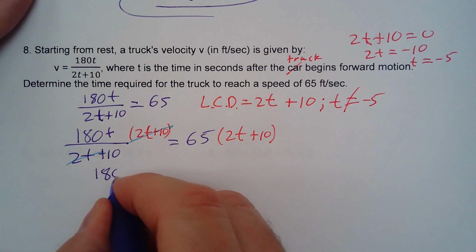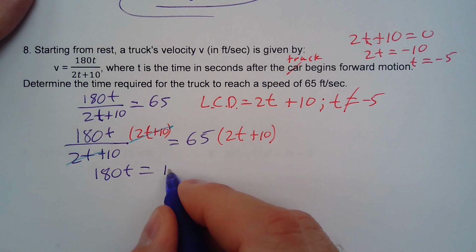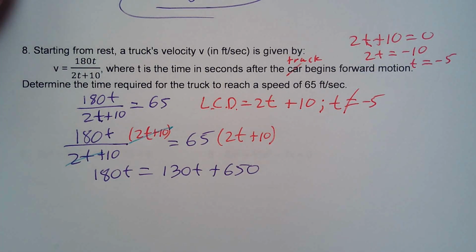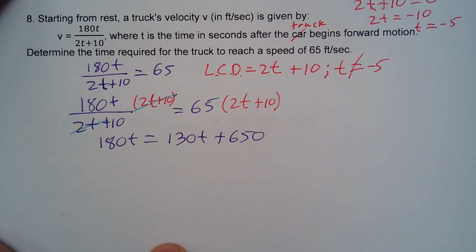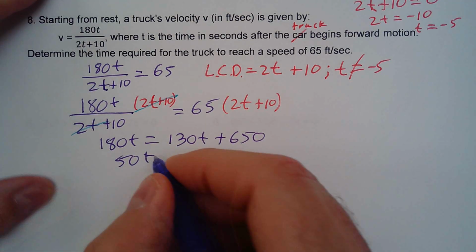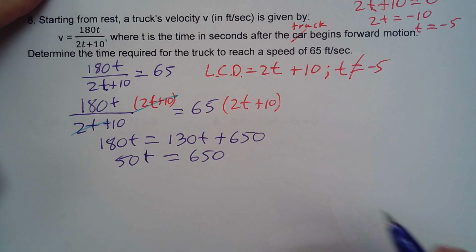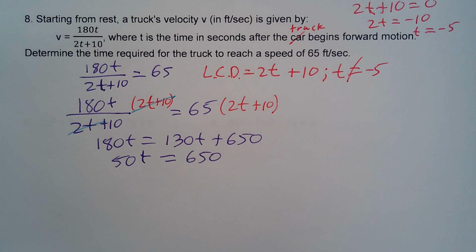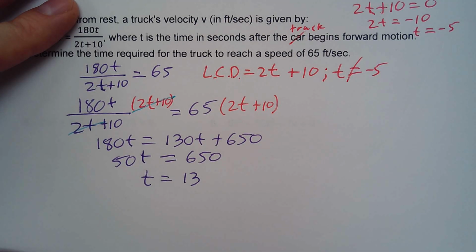We get 180t equals, distribute to 65, that's 130t plus 650. We're going to subtract 130t from both sides. That gives us 50t equals 650. And now divide by 50. That gives you t equals 13. So that would be 13 seconds.